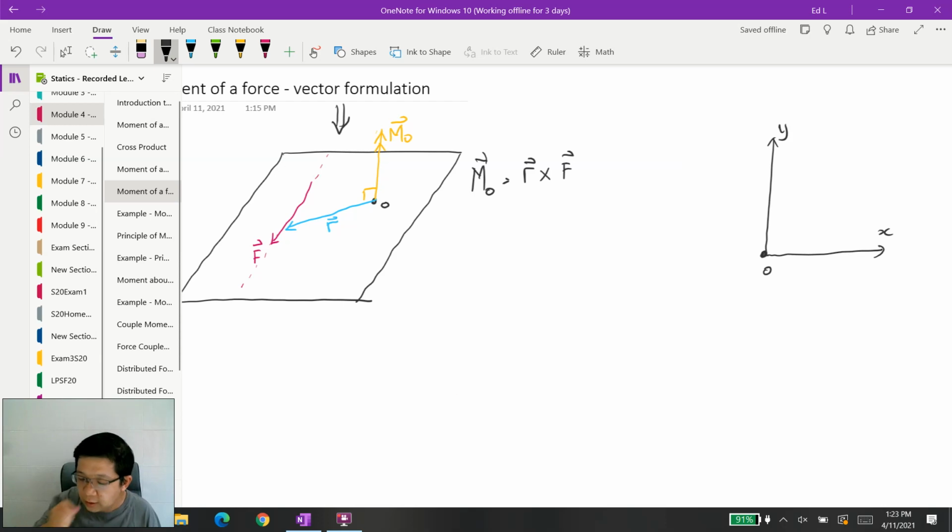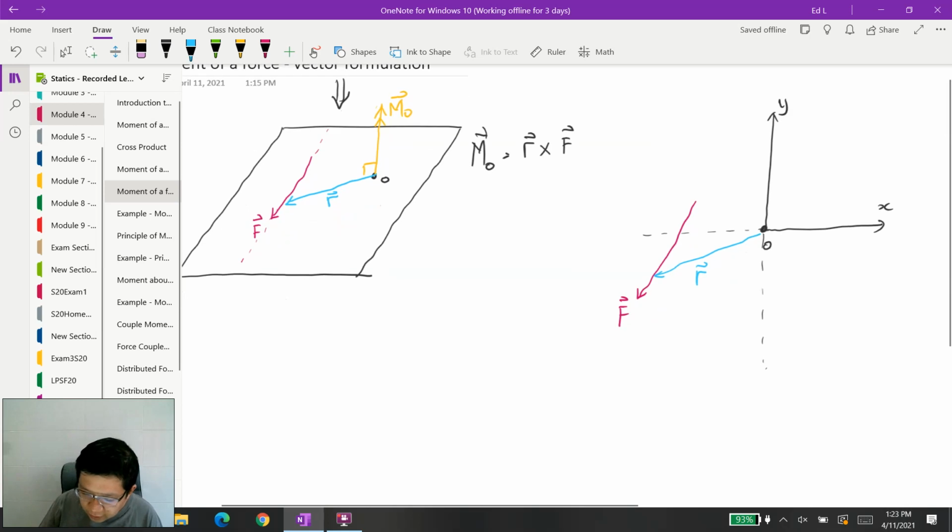That's my x and that's my y. Then I'm going to draw the force F, and let's say that it has these directions over there. Then the position vector is going to be right there. That is our R.